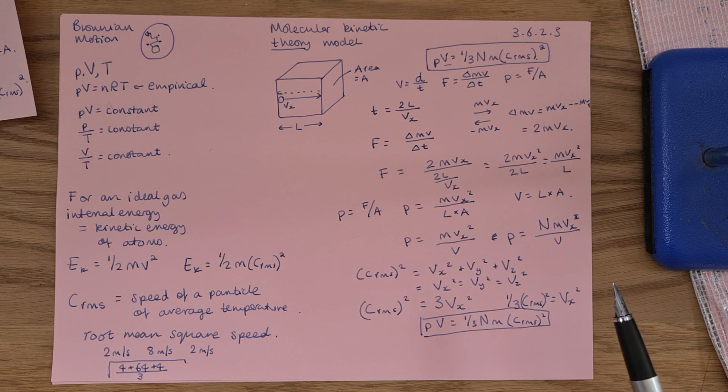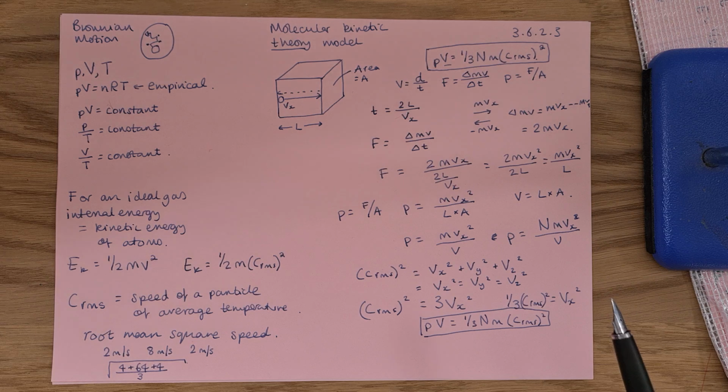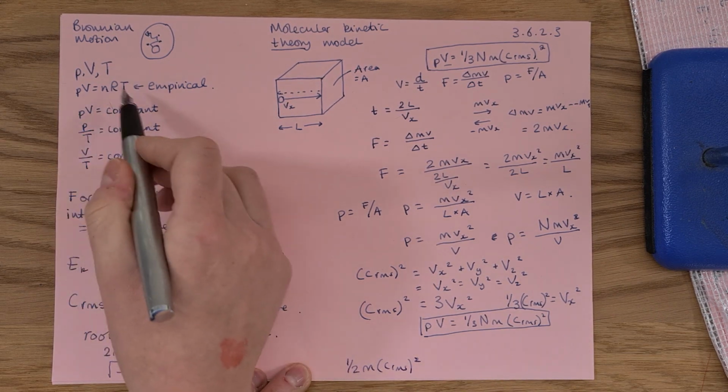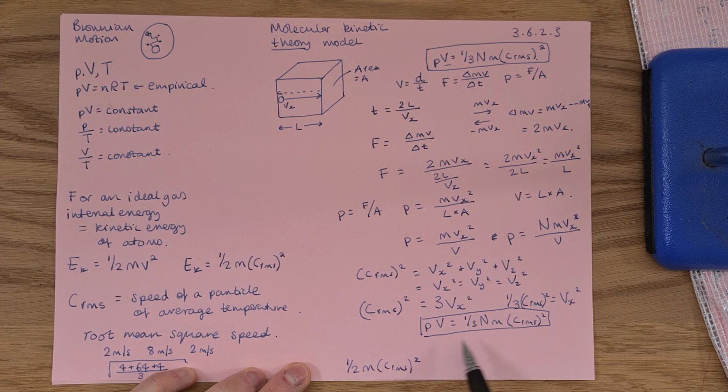Now, this then goes a bit further and there's some equations for the average molecular kinetic energy. Now, you don't have to know where they come from, but the average molecular kinetic energy, which is this, a half m CRMS squared, we can manipulate this equation and PV is nRT. And then essentially if you put a half in here, you get 2/3 N, a half m CRMS squared.